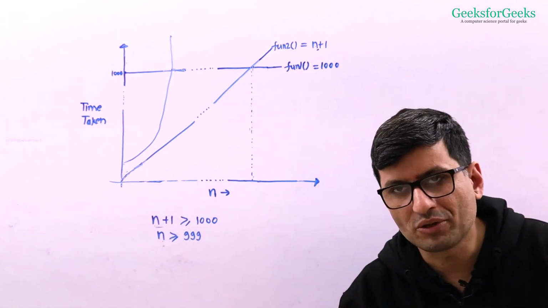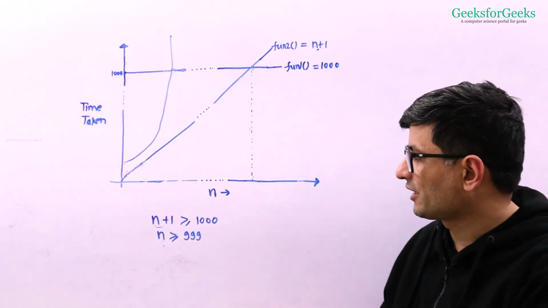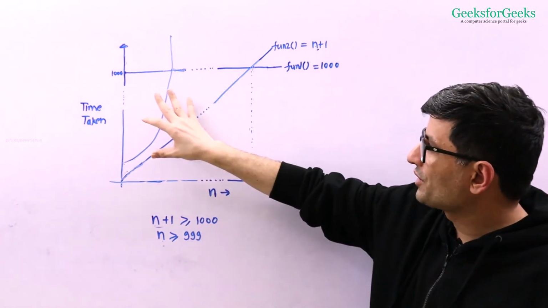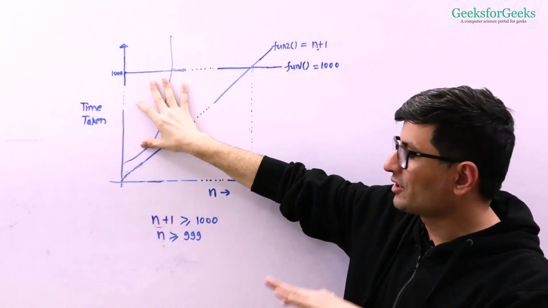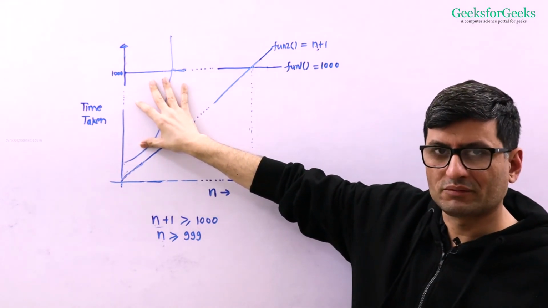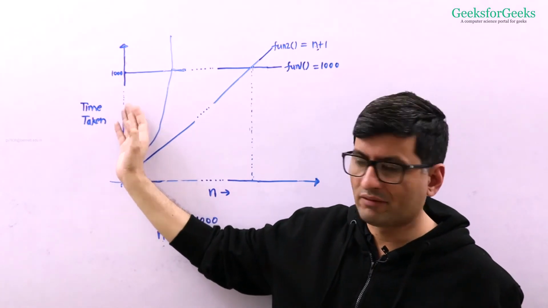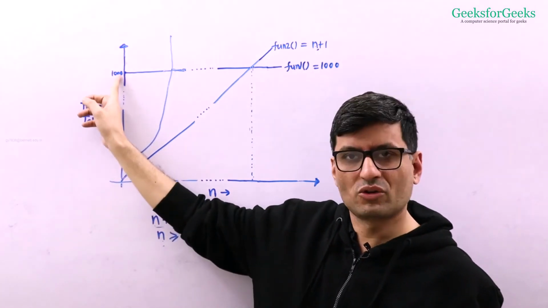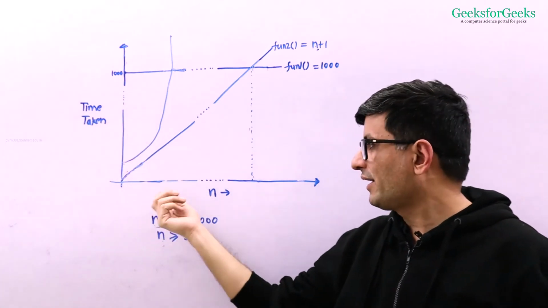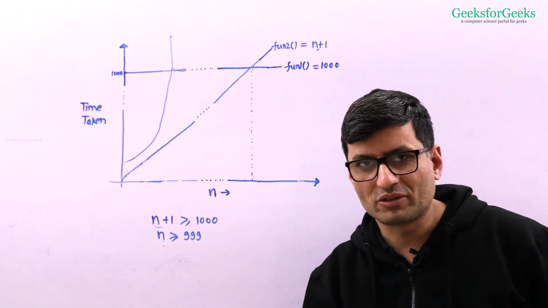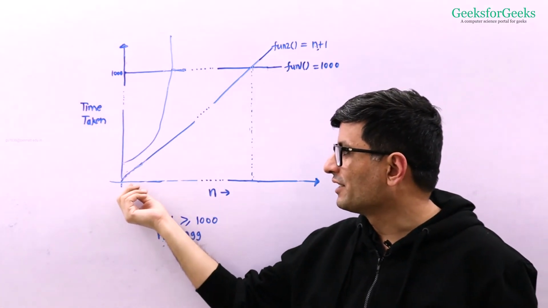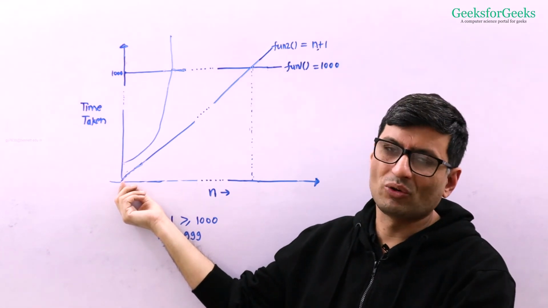One last thing about asymptotic analysis and this graph: we are always going to be considering this quadrant of the 2D coordinate system, because the time taken by an algorithm cannot be negative. It is either 0 or growing with the value of n. And n is typically the size of input, and this value of size is always going to be 0 or greater than 0.